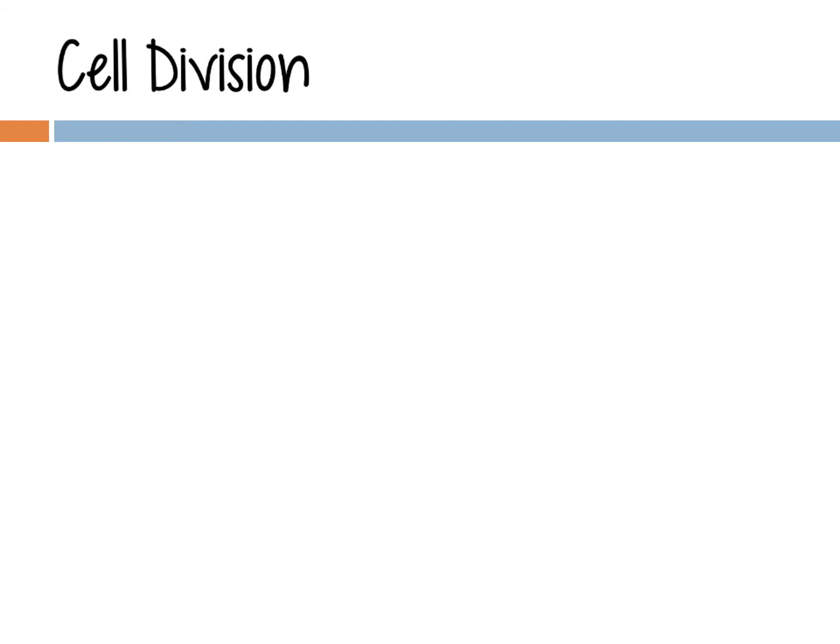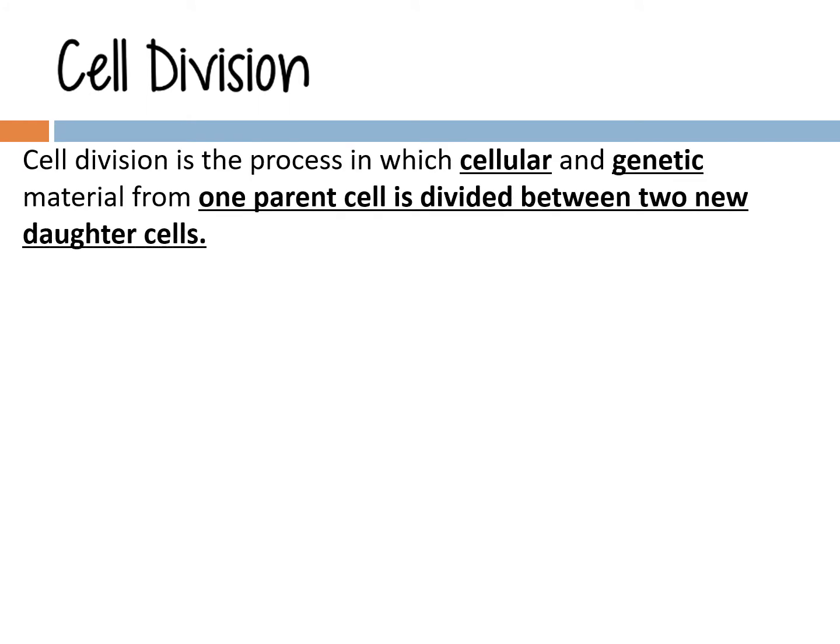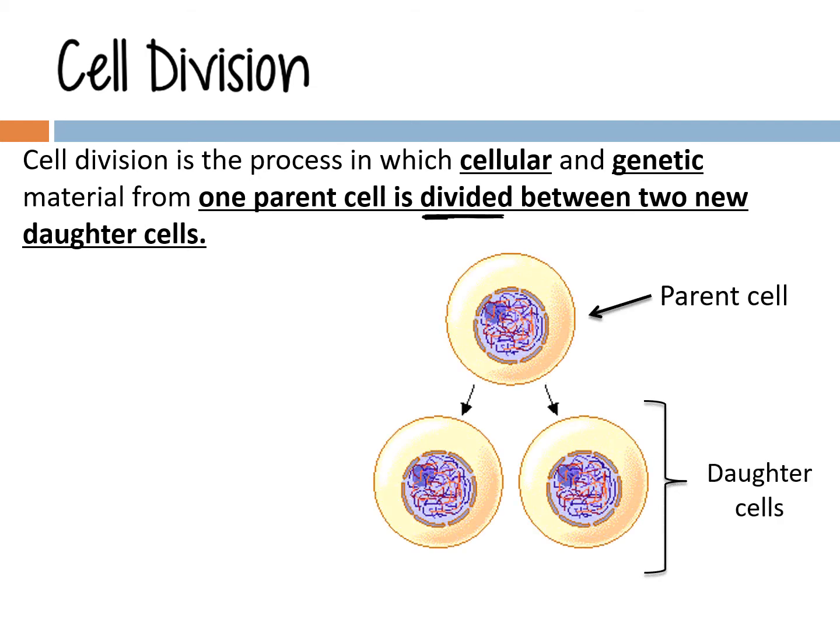Okay, so now I want you to move up your paper, and underneath the bacteria where you filled in those two boxes, you're going to see cell division is the process, and that's where we are at on your notes. So cell division is the process in which cellular and genetic material from one parent is divided between two new daughter cells. Here is your parent cell, and these are the daughter cells.